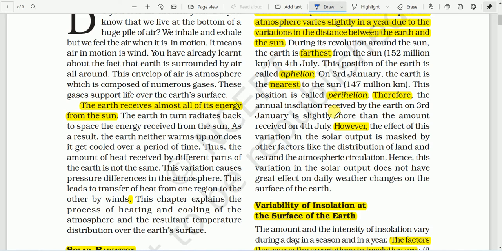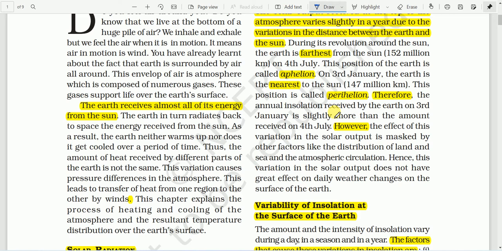The earth receives almost all of its energy from the sun, and the earth in turn radiates back to space the energy received from the sun. As a result, the earth neither warms up nor does it cool down over a period of time. Thus, the amount of heat received by different parts of the earth is not the same.